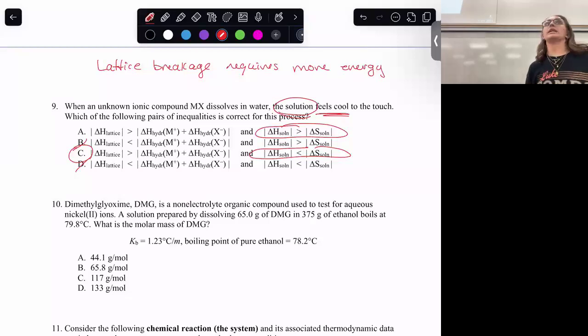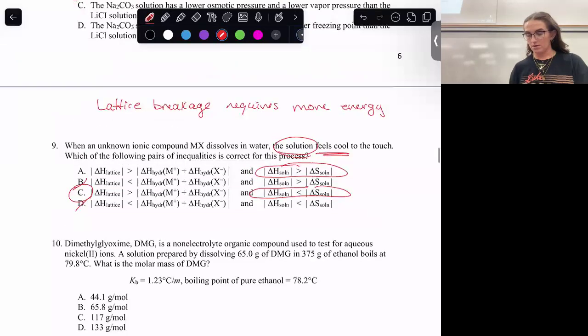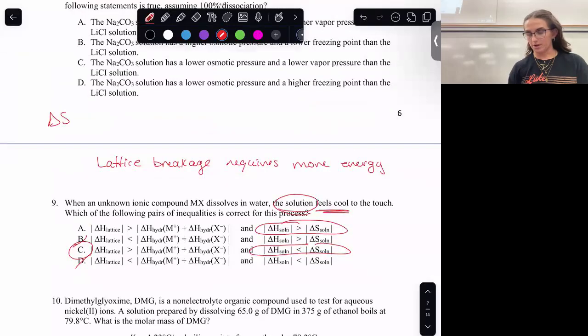Yes. And along that line, forming a solution, your delta S of the pure solvent is always less than the delta S of the solution.